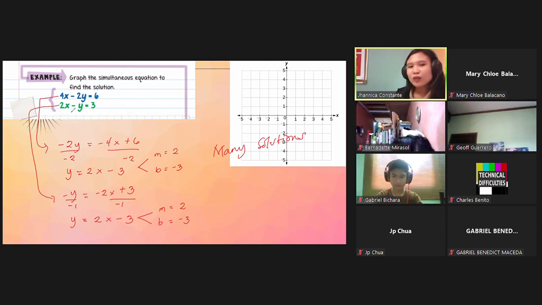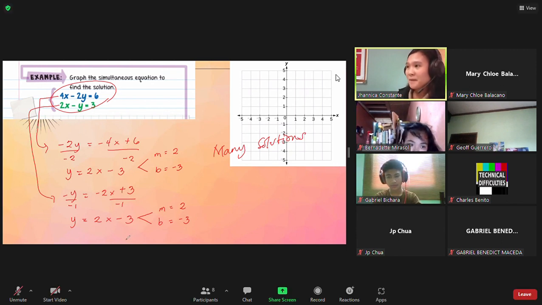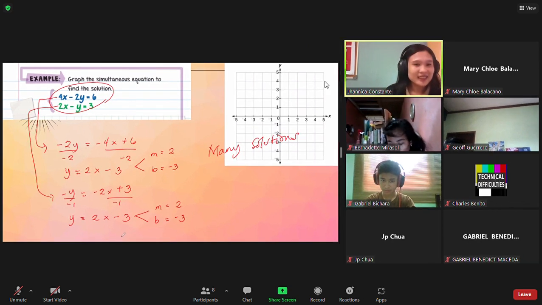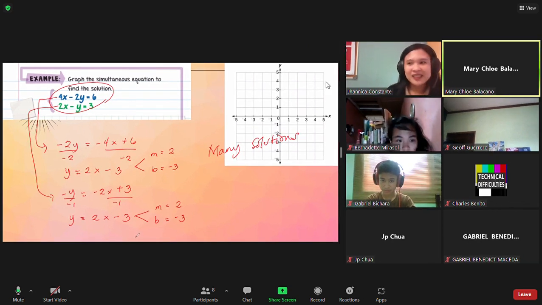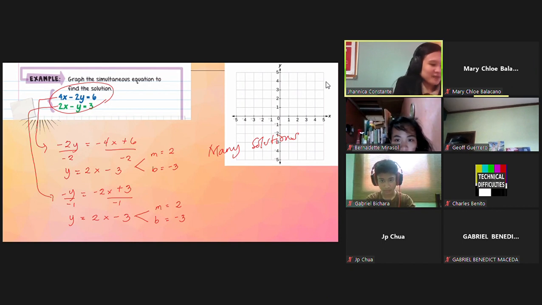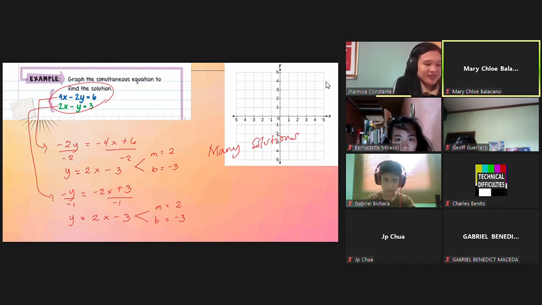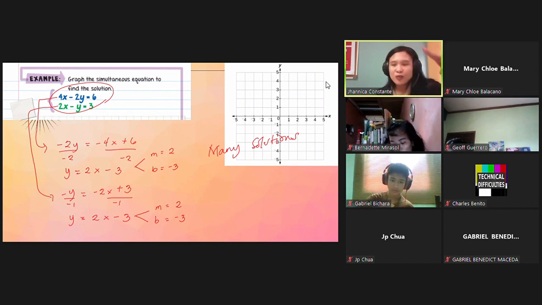So if we graph the simultaneous function that we have, what will be the graph of these two functions? There will be only one graph, or the two lines of these two functions will collide with each other.